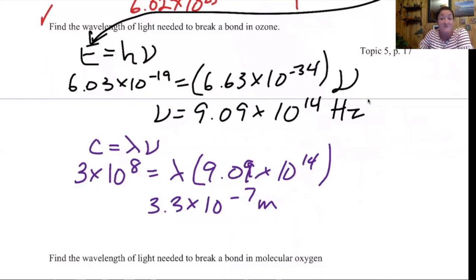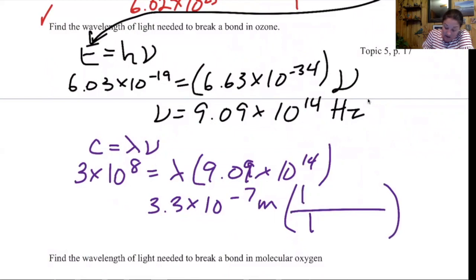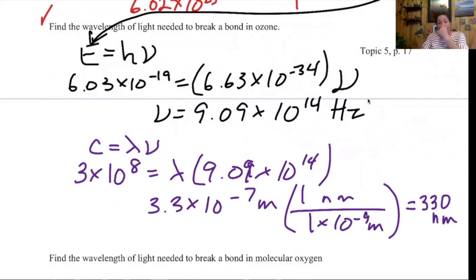Although the question isn't specific about what answers it wants, I know that 1 nanometer is 1 times 10 to the negative 9th meters, which means this will come out as 330 nanometers. Anything with more energy than that will have a wavelength of less than or equal to 330 nanometers.